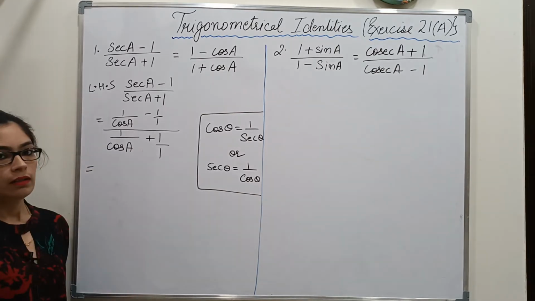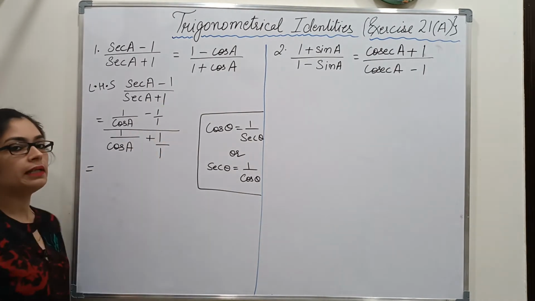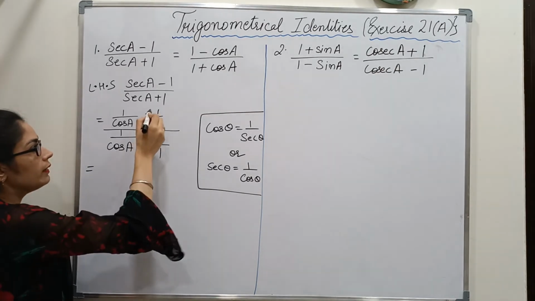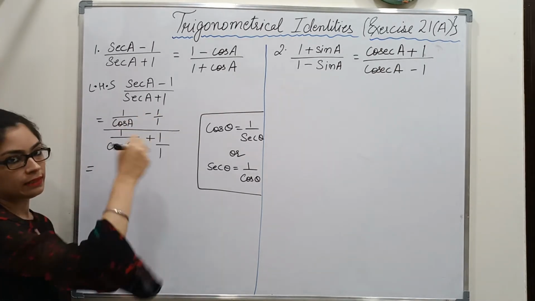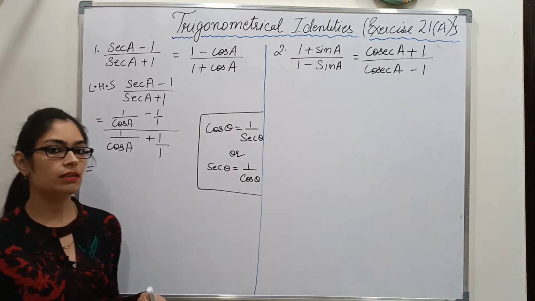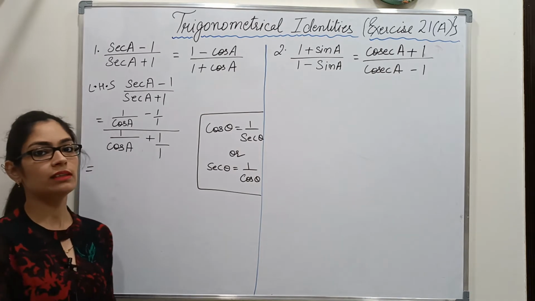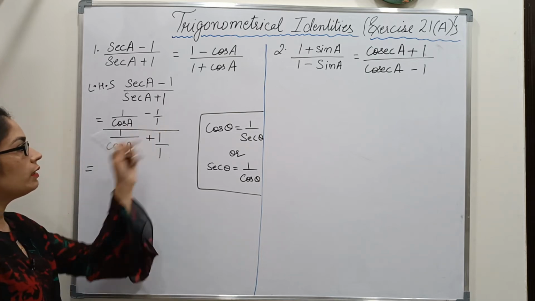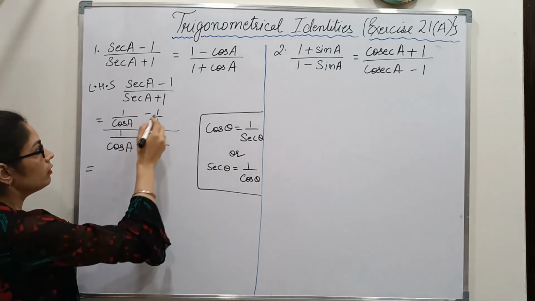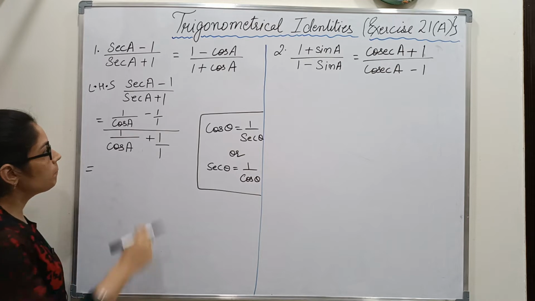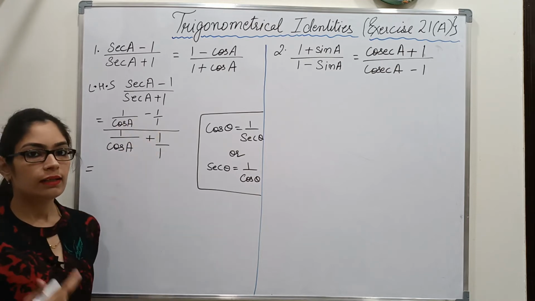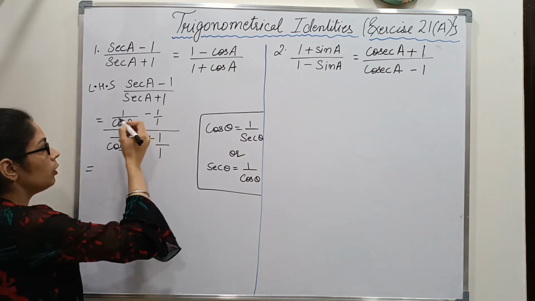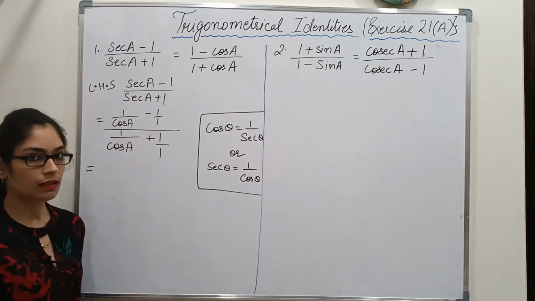Now in numerator and denominator you can see that addition and subtraction of two fractions. When there is addition and subtraction of two fractions, we solve it by taking the LCM because denominators are not the same. So here, the top one, one of the denominators is cos A and the other one is 1.